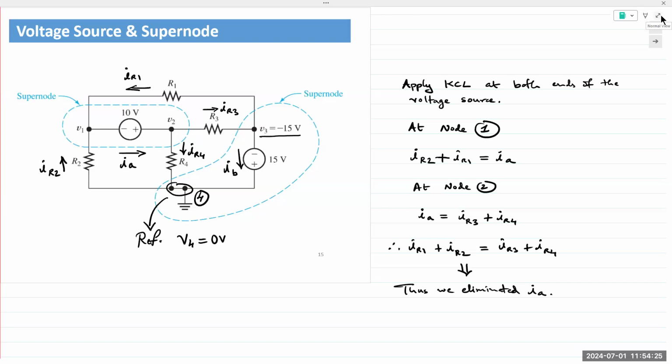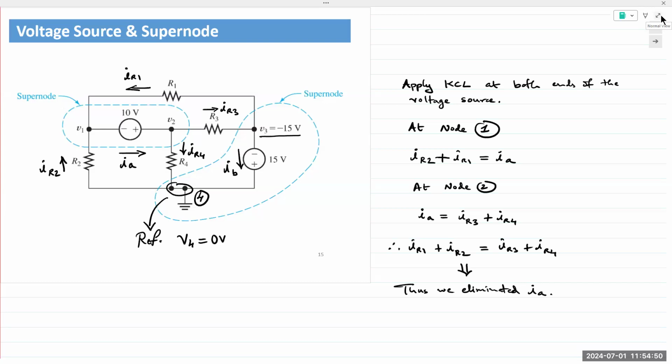Node voltage analysis requires Ohm's law and KCL. That's it. The entire purpose of circuit analysis is simply to write out mathematical equations so that we can solve for the voltages and currents. In this case, we generate our equations by applying KCL.